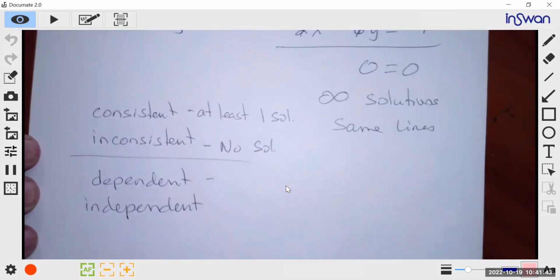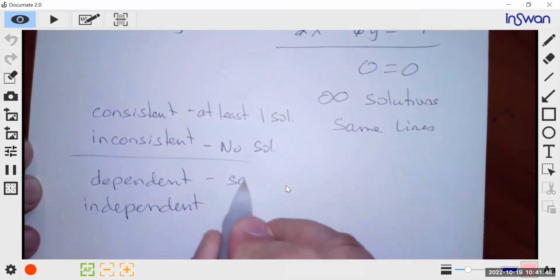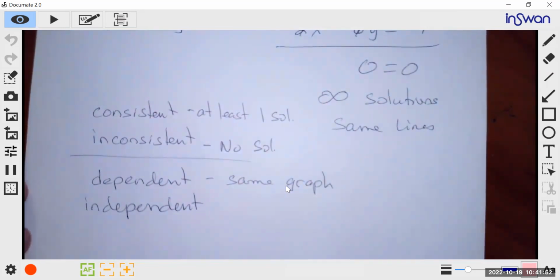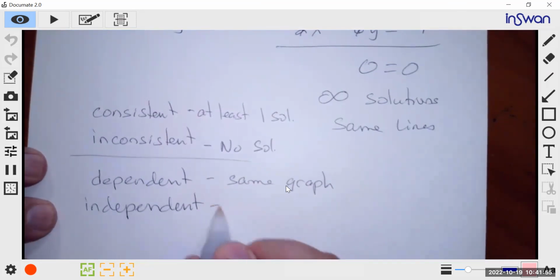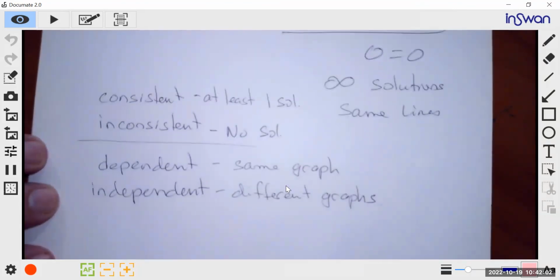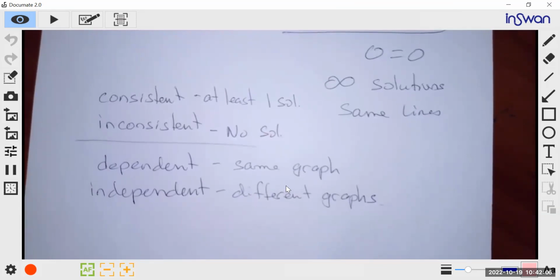If they're dependent, they'll have the same graph. If they're independent, they have different graphs.